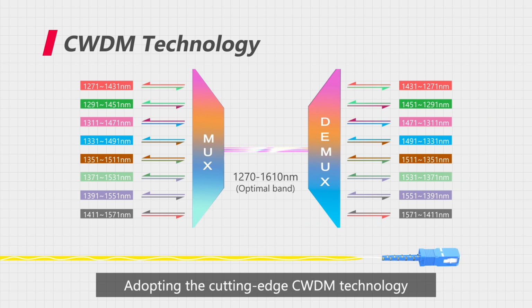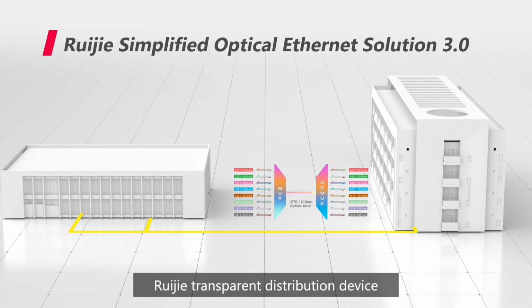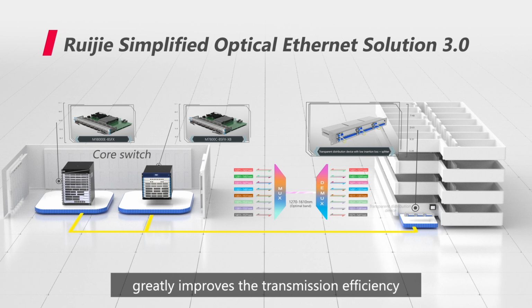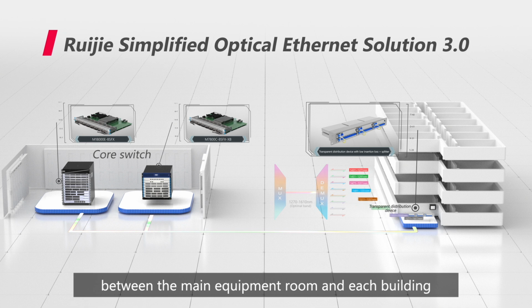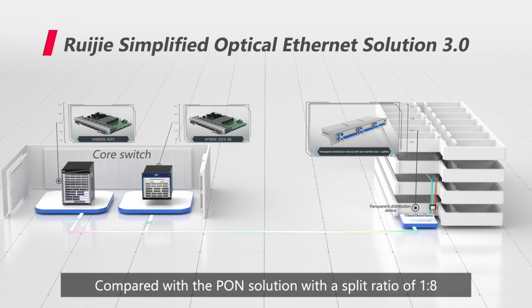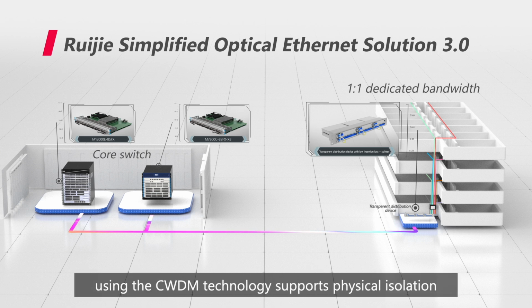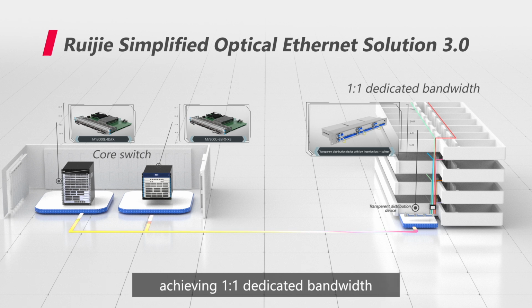Adopting the cutting-edge CWDM technology, Ruijie Transparent Distribution Device, which is a passive aggregation device, greatly improves the transmission efficiency, while substantially reducing the costs of cabling between the main equipment room and each building. Compared with the PON solution with a split ratio of 1:8, the SOE Solution 3.0 using the CWDM technology supports physical isolation of wavelength channels, achieving 1-to-1 dedicated bandwidth.